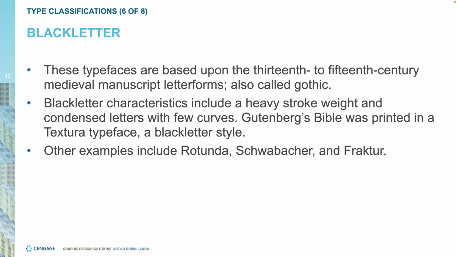What we have on there is black letter. It used the Textura typeface, which is of course a black letter style. There are other ones inside of here. Rotunda, Schwabacher, and Fraktur are three that they list on here as well. You get into your Old English characters, same type of thing with them.